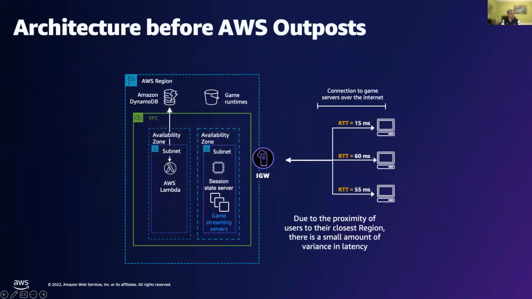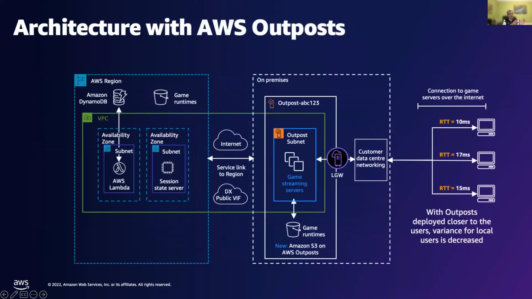And then finally, just to give a high-level perspective on the architecture itself, right? Say there were a bunch of gaming clients and servers connected directly to a region. Depending on where they are, they may not be closely located to the region, so you see some level of latency, and there is a bit of variance depending on where the users are, right? Now, if you insert your Outpost into a data center, all of those users were probably connected to a data center prior to connecting to the region.